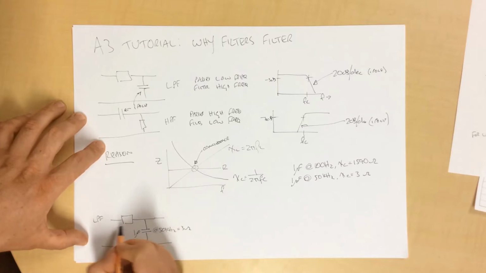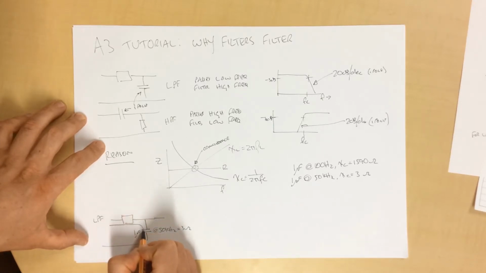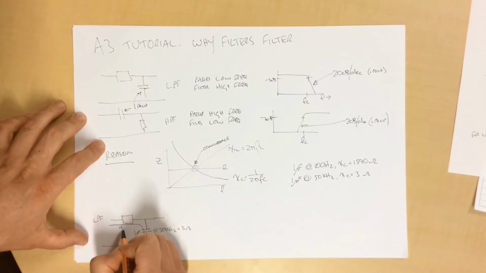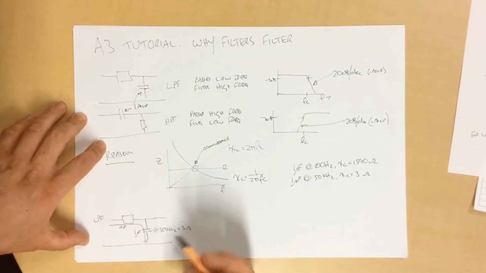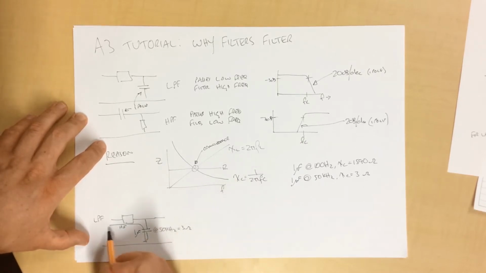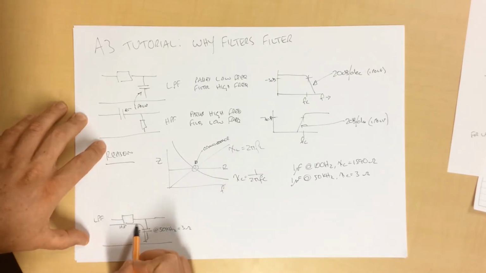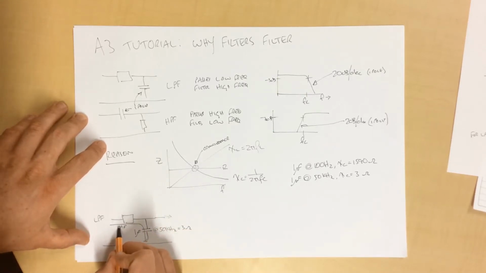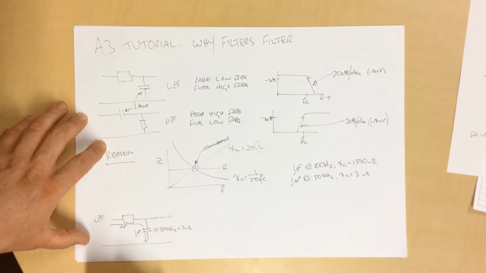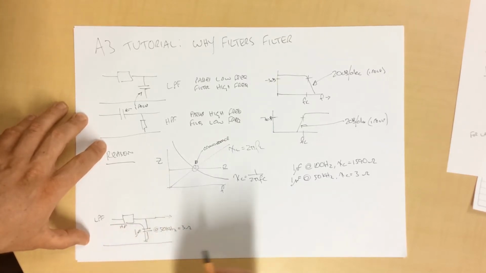So the high frequencies are shunted to ground. They see a very low impedance. 3 ohms is effectively almost a short circuit, okay? So all the high frequencies come in through here, then rather than get driven into whatever load is out here, for them it's much easier to drop down through here. So the high frequencies get shunted out, they get filtered out.